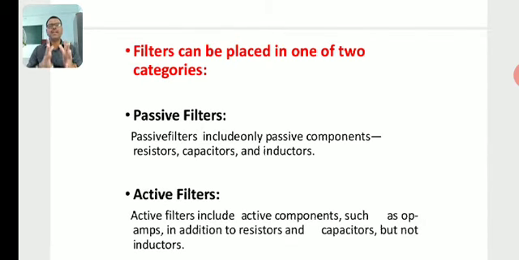If the electrical circuit has an op-amp, then we say it is an active filter. In a passive filter, the circuit consists only of resistors, capacitors and inductors. That is the difference between passive and active filters.